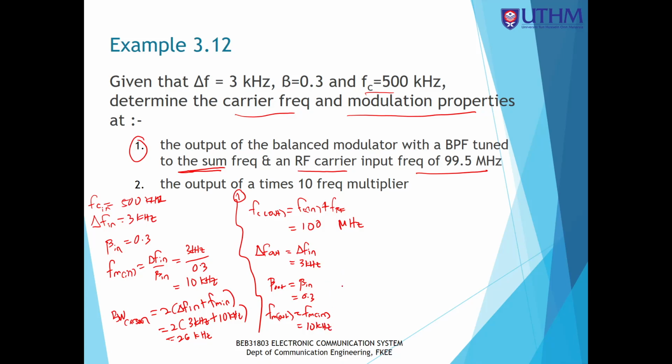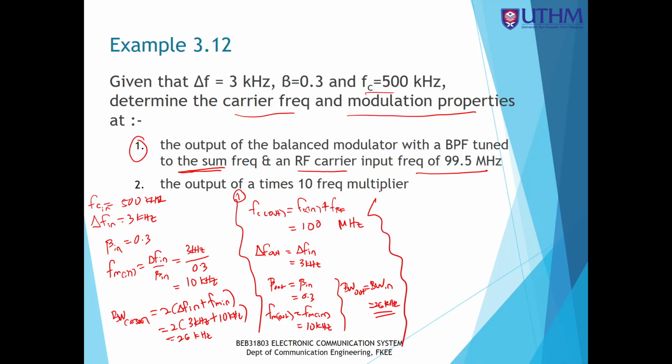And bandwidth out is equal to bandwidth in, which is 26 kilohertz. So this is if we use a heterodyning method.